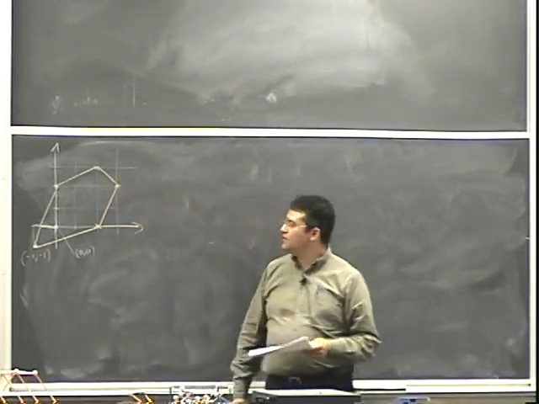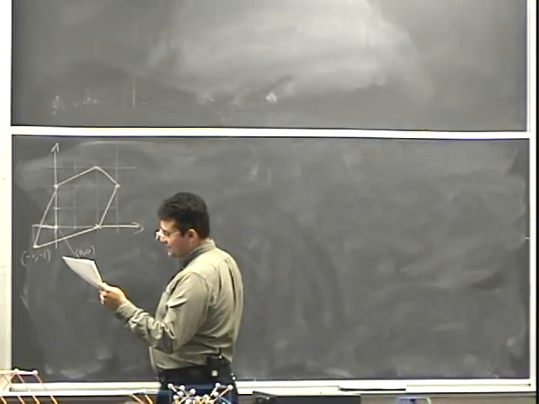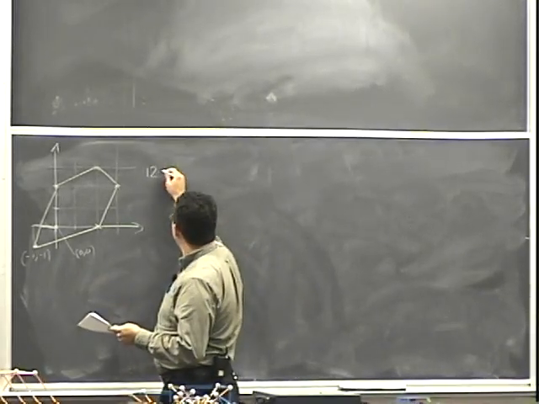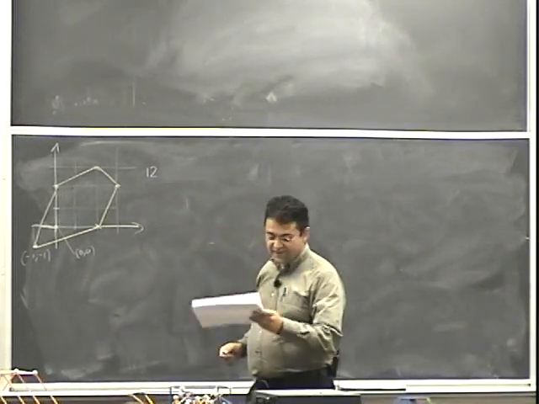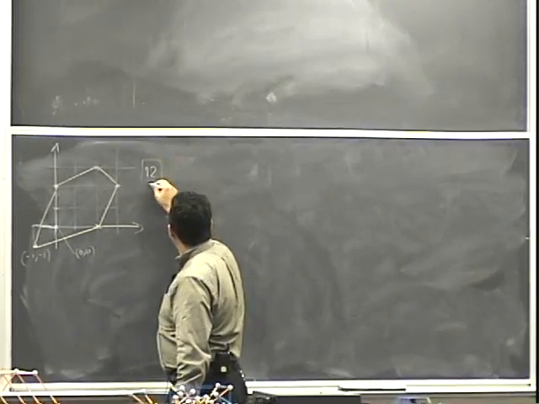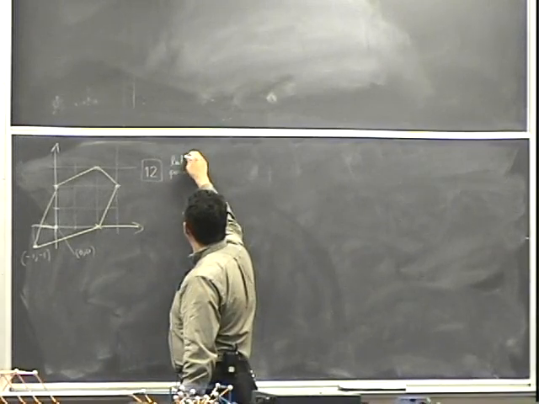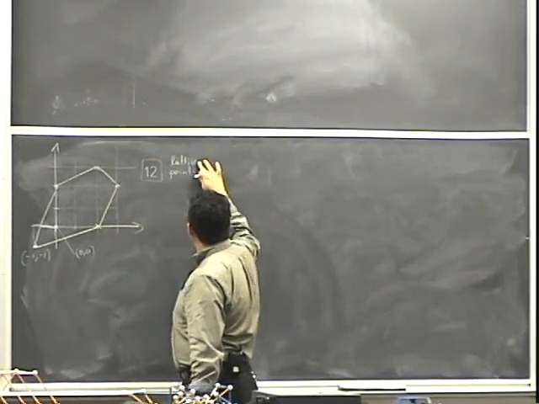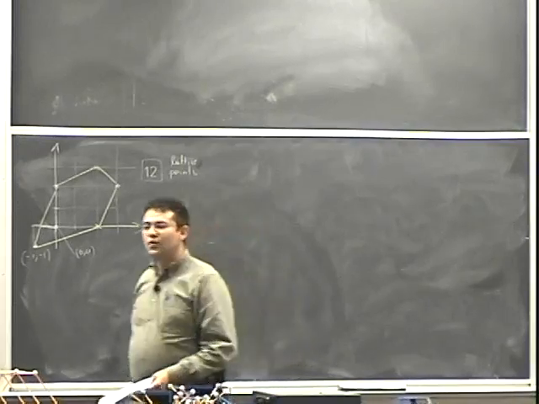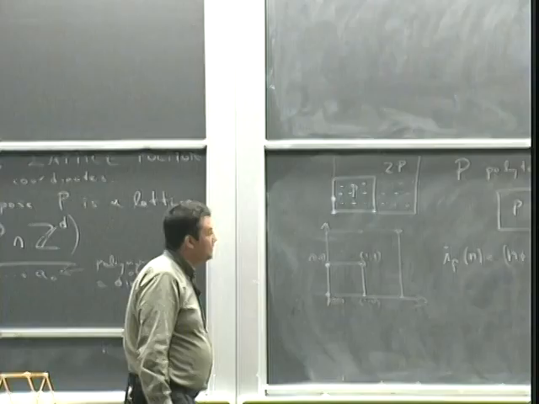So that's a pentagon. You can check, unless I did the picture wrong, that this has 12 lattice points. Count them on my picture. 12 lattice points. So what we expect is to know how many lattice points there are in general.